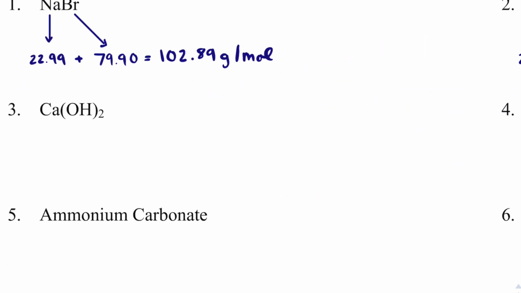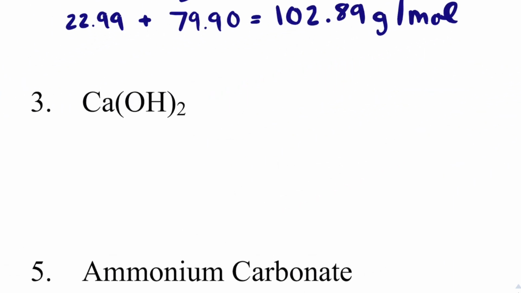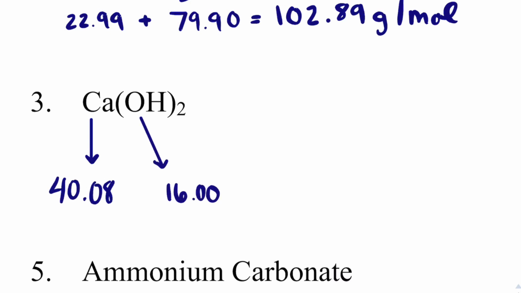Okay, let's look at number 3, calcium hydroxide. Calcium will be 40.08. Oxygen is 16.00, but you have to think, how many oxygens do I have here? That 2 distributes to oxygen, so I really have 2 oxygens, and I also have 2 hydrogens.